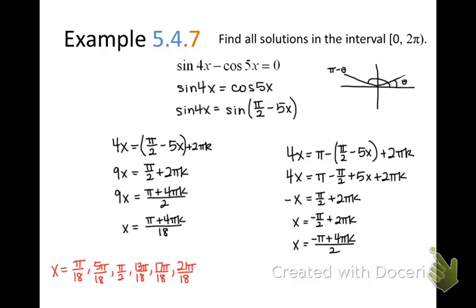They both divide by 3. So if I divide 21 by 3, I have 7π, and if I divide 18 by 3, 6. What was I at? 21. So the next one is 25π/18, then 29π/18.